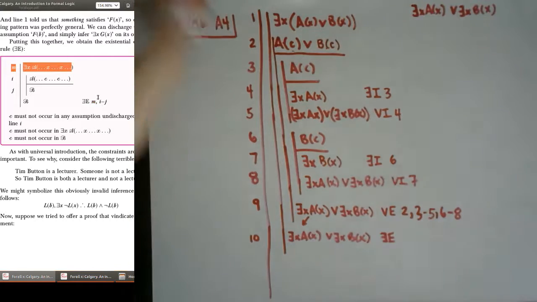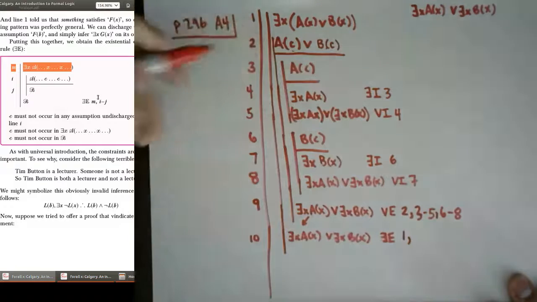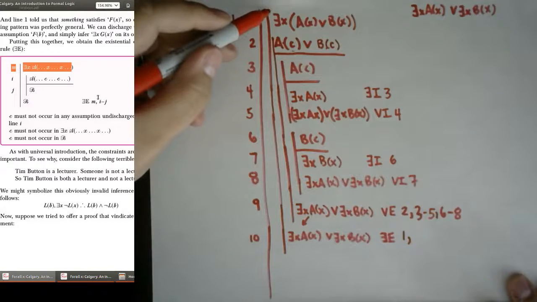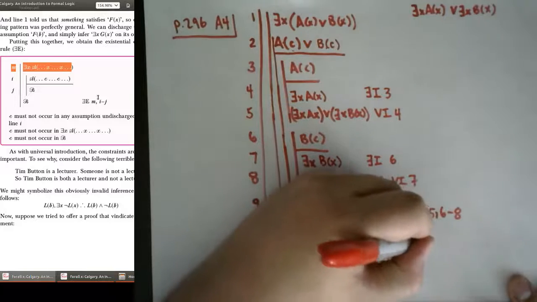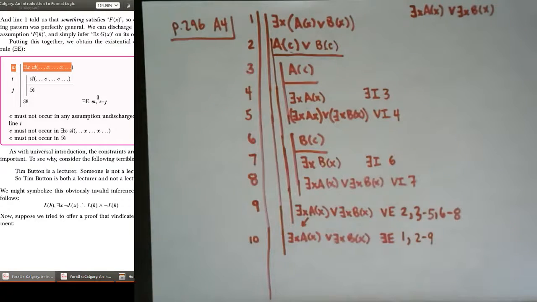So I have to cite line 1, and then the entire subproof from line 2 to line 9. And that will handle the first half of our biconditional that we're trying to prove.